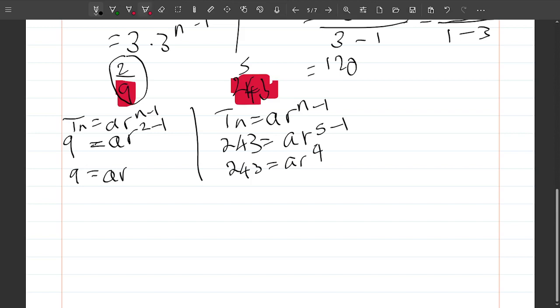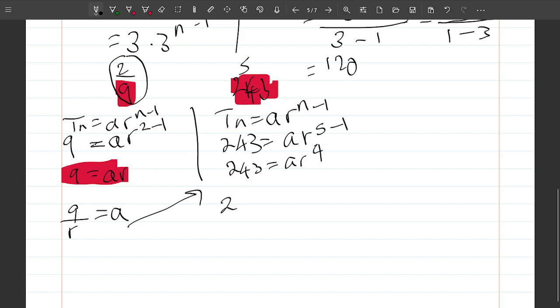Then I'm going to pick one of these two and make a or r the subject of the formula. Let's just pick this one for the sake of simplicity. Let's take that one and make a the subject of the formula, just to avoid these to-the-power r's and all that. So I'm going to have 9 over r is equal to a. I just divided both sides by r. Now I have a being the subject of the formula. Then I'm going to substitute it into that one.